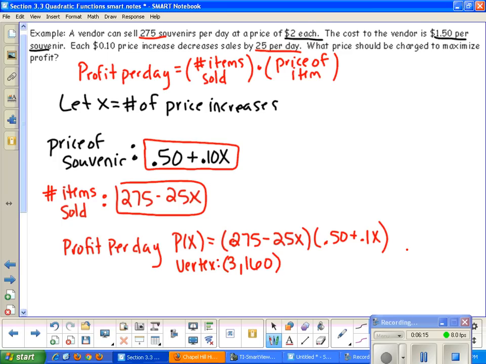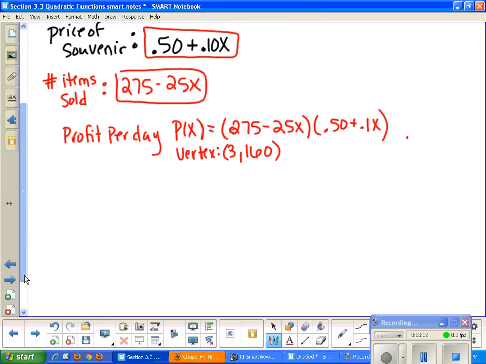So now we have to interpret this and answer the question. What does that 3 mean? The 3 is the number of price increases that we have in order to get our maximum profit per day, which would be $160. So I'm going to write that in sentence form.